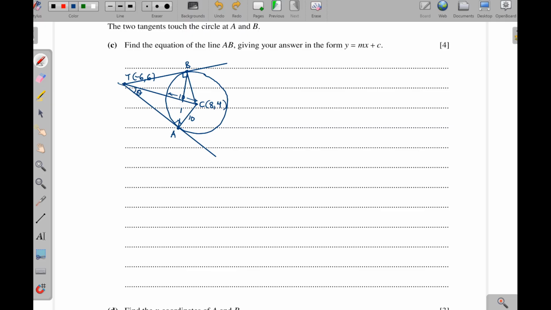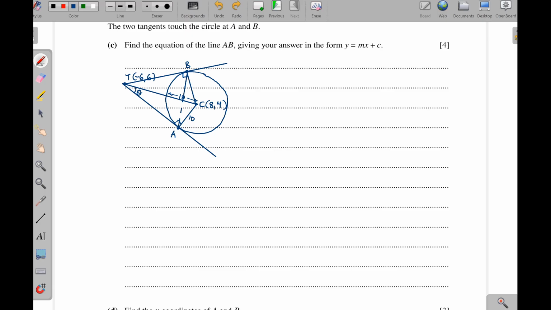Since this one passes through the center of the circle, and I know the coordinates of T and the coordinates of C, I can find that M1. Then I say M1 M2 is equal to negative 1. Then it will give me the gradient of AB. Do you see that? So that is what we are going to have there.